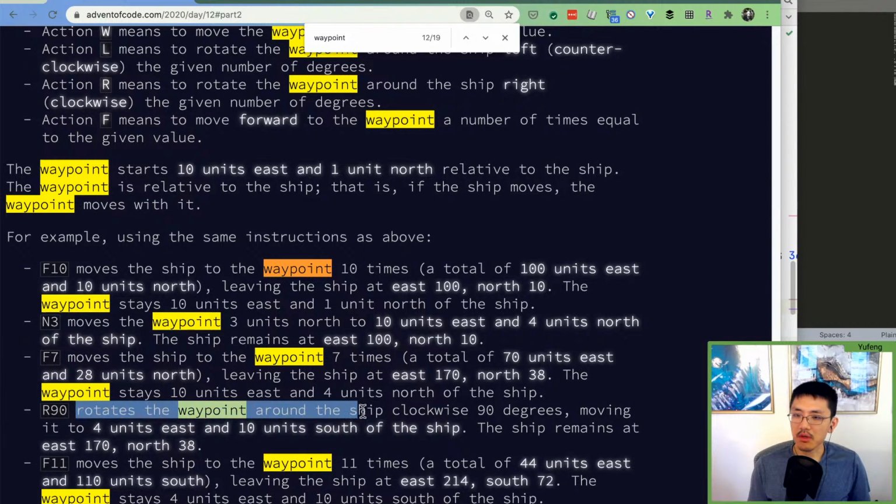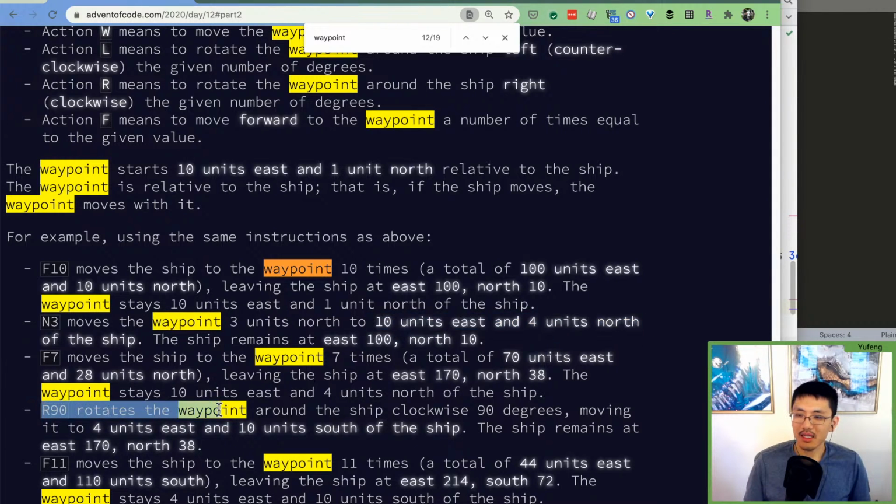R90 rotates the waypoint around the ship 90 degrees. Oh, the rotation is a little bit more nuanced. Yes, it's not just rotating it in place, it's rotating it around the ship, moving it to, so originally it was at 10, 4.